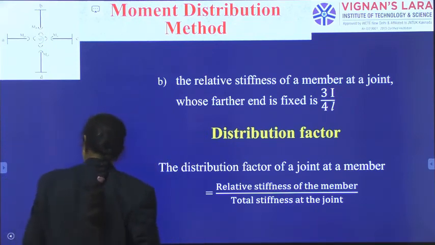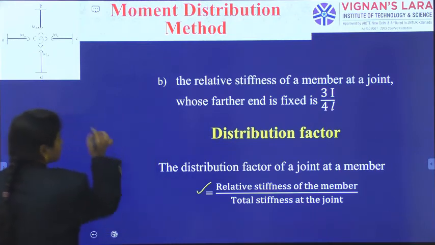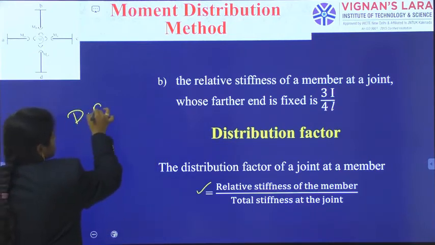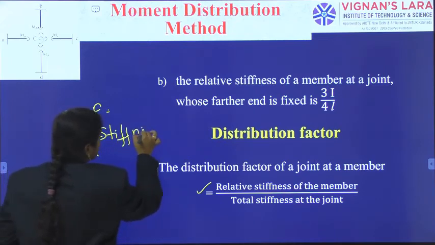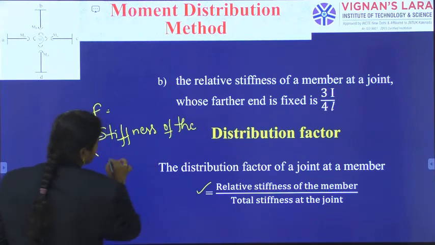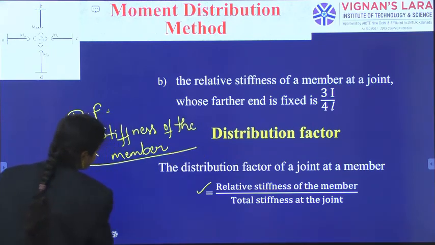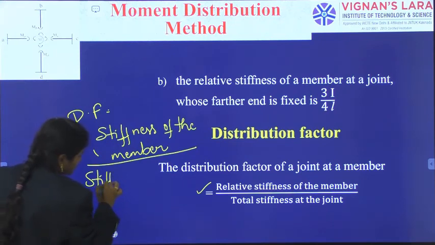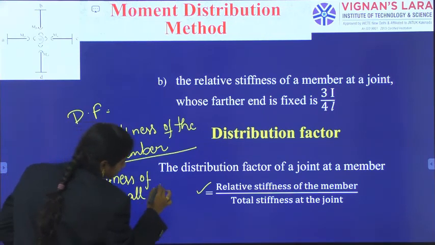Same as this condition. Either the distribution factor is equal to the stiffness of the member by the stiffness of all members at the joint.